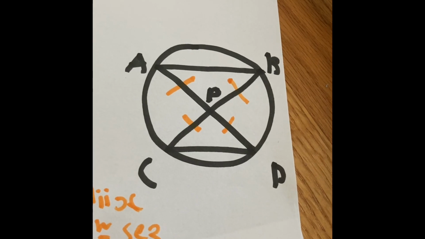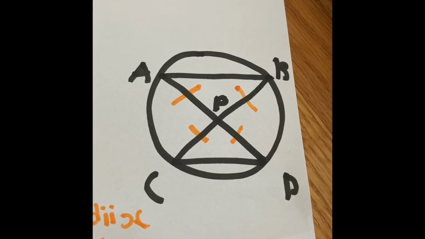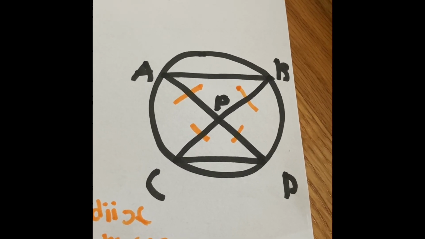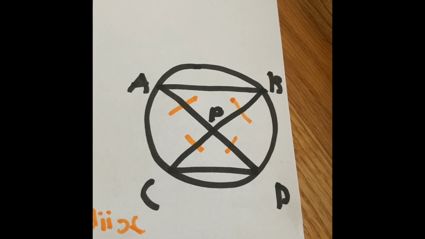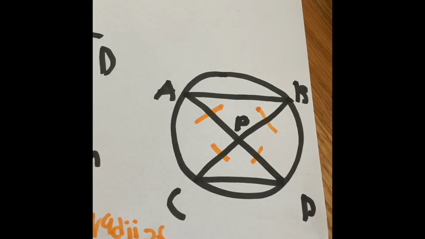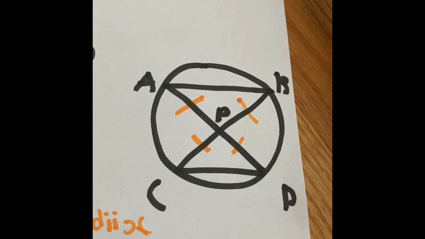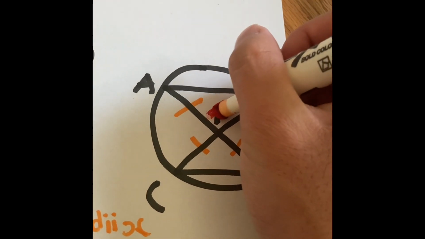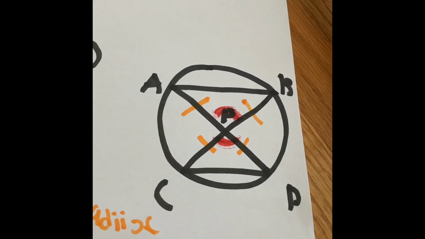The next step is to take a look at point P. Point P is in the middle of the circle. Since there are lines that cross and make angles, we can say that this right here and that right here are congruent.